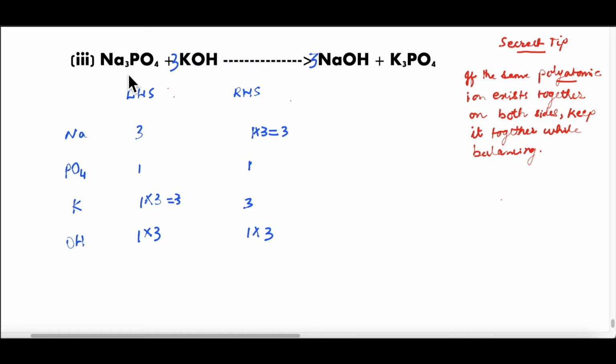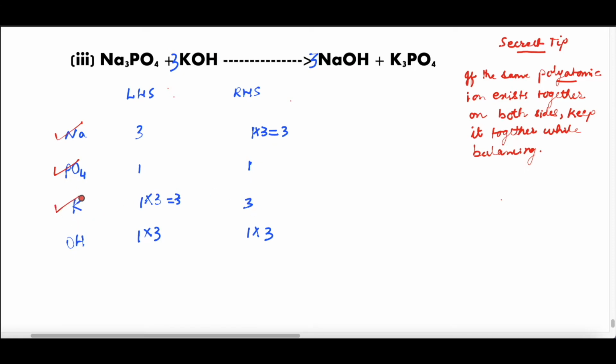Recheck both the sides. On rechecking, we find it is 3 sodium atom on the reactant side and 3 sodium atom on the product side. So this sodium is balanced on both the sides. Then for this phosphate, we have 1 phosphate on the reactant side and 1 phosphate on the product side. So this phosphate is also balanced. For this potassium atom, we have 3 potassium atom on the reactant side and yes, 3 potassium atom on the product side as well.